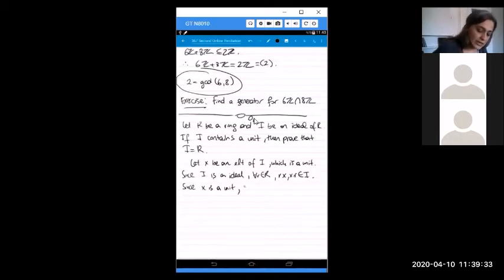Since x is a unit, we know that there exists y in R such that x times y is equal to y times x is equal to 1.